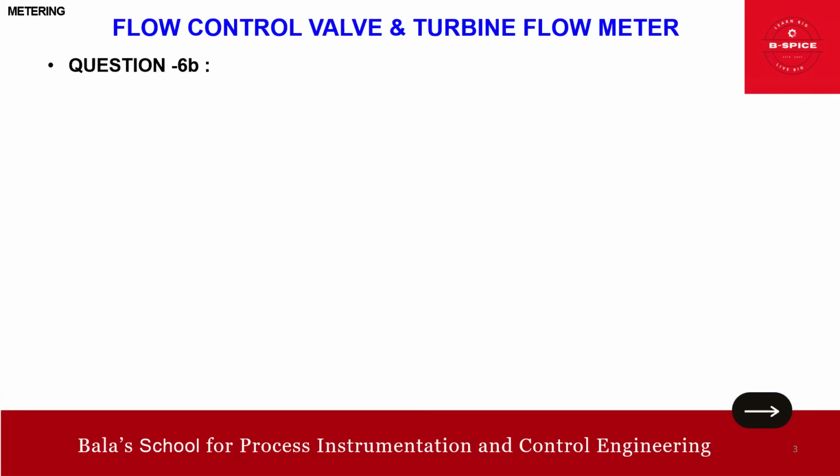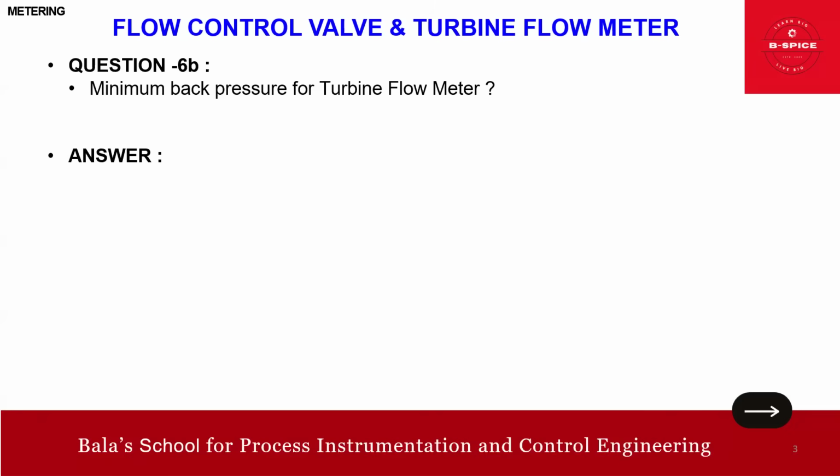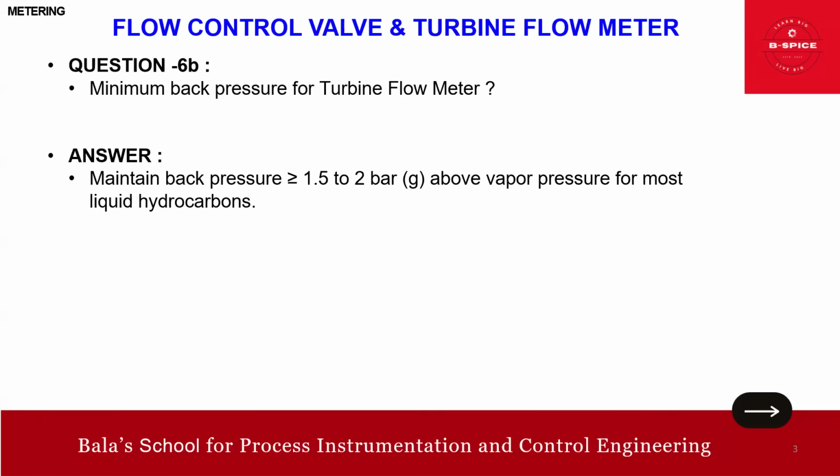Then 6B, minimum back pressure for turbine flow meter. Your question is, what is the minimum back pressure required for the safe operation of a turbine flow meter to prevent cavitation? To prevent cavitation and ensure accurate measurement, there is a formula, but I don't want you to get confused with this.